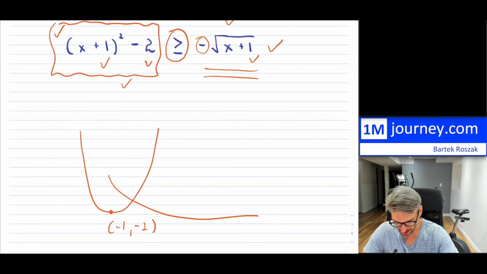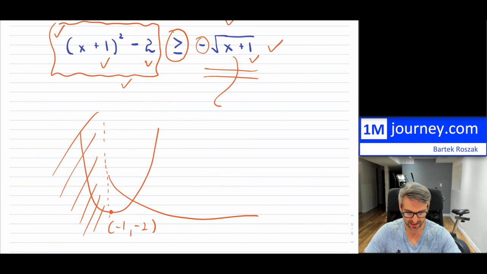So that means that from right here, all of this does not make any sense, because the radical isn't defined for values which are smaller than -1. Why? Because you can't take the square root of a negative number, at least we won't get a real answer back. So really, we're just looking at anything past this line to the right.